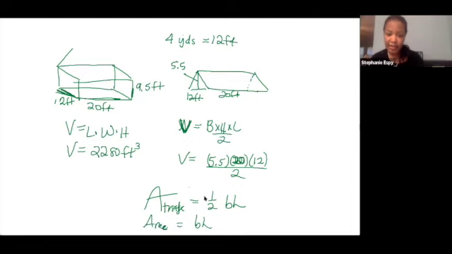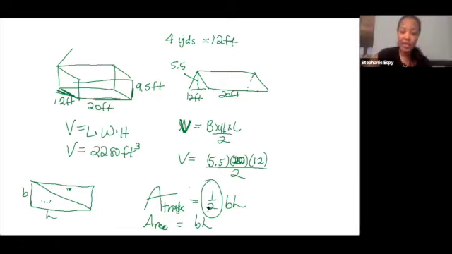So the area of a triangle is always half of the rectangle. Because if you think about a rectangle, if you cut it in half, you get 2 triangles. So there's 2 triangles in one rectangle. So the area of the rectangle is base times height, or length times width. And then the triangle is half of that. Okay?